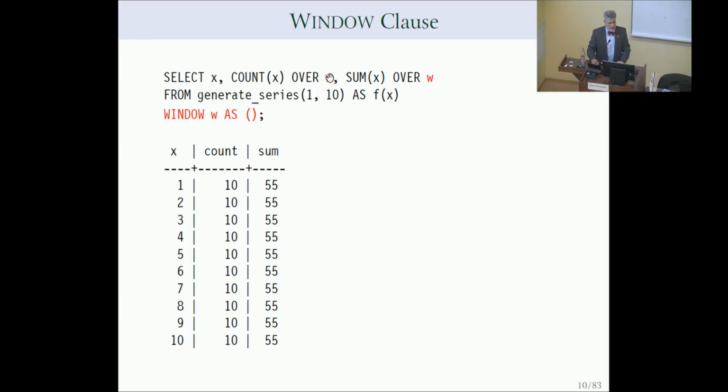Now the W represents open parenthesis, close parenthesis. Again, really no use for this, but I'm showing you an example of how you can use a window clause to collect everything together, okay?